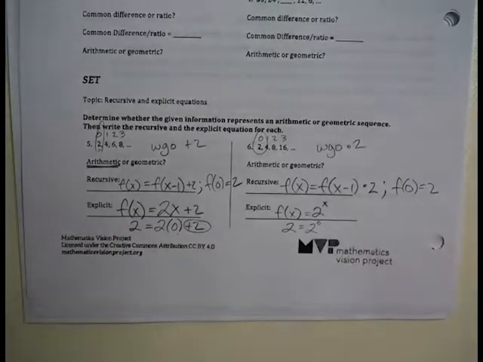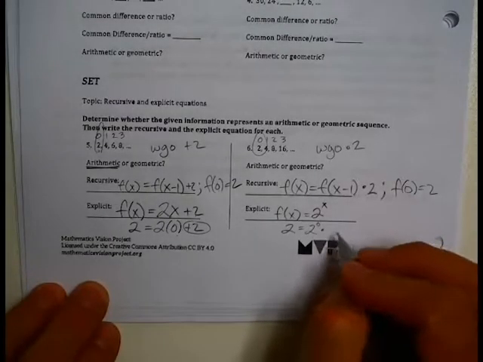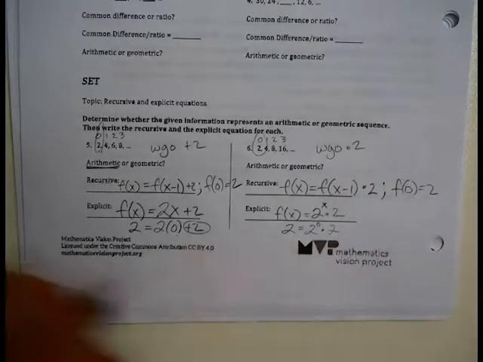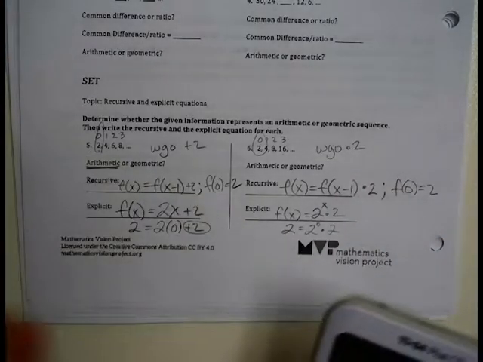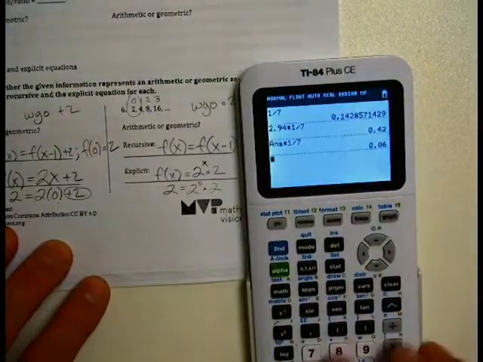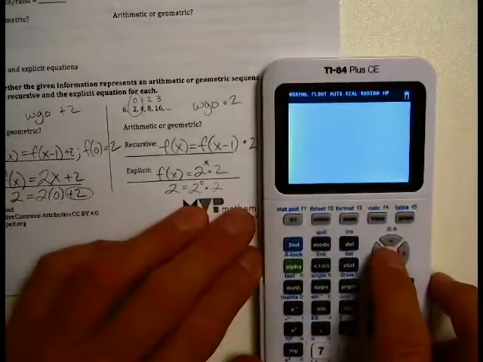For example, if f of x equals 2 to the x power, the adjustment should be times 2, because 2 equals 2 to the 0 power times 2. I believe you're right. So this is absolutely correct. We don't know how many times we're going to multiply by 2, as many as we want.